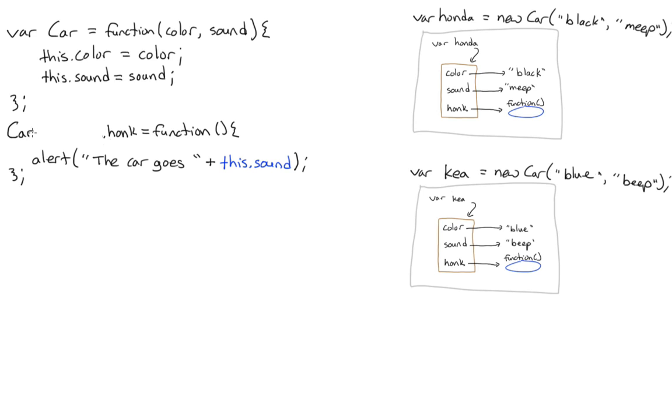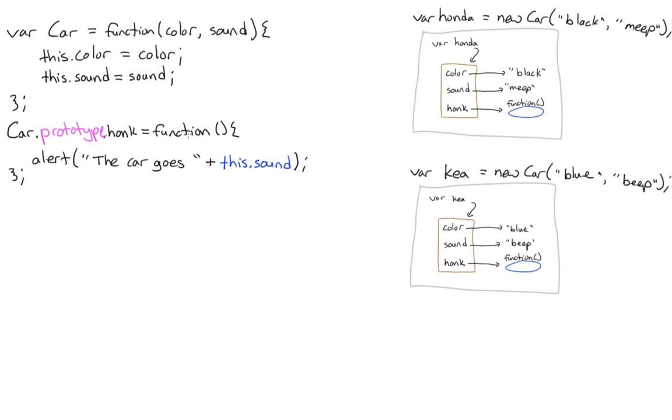Now it just so happens that every function in JavaScript has a property called prototype. And this property points to a blank object. So we have car.prototype.honk equal to a function.